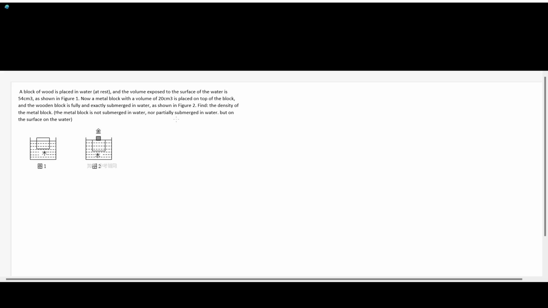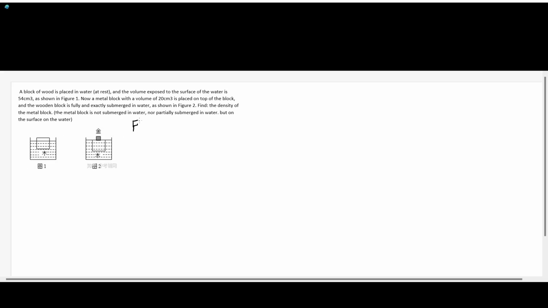Now, in diagram 2, figure 2, the metal block is not submerged nor partially submerged, but on the surface of the water, meaning it's just touching the water level. So let's start. Ignore case 2 and let's focus on case 1.